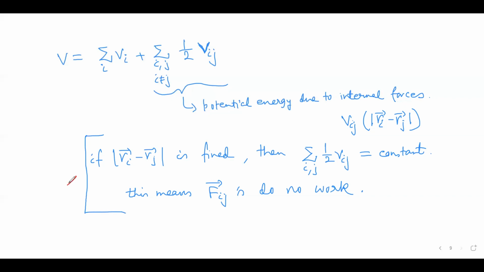These are called rigid bodies. In the case of a rigid body, the distance between each pair of particles, let's say for this particle and this particle, will always remain constant. So the potential energy due to the internal forces is not changing, and the internal forces are not doing any work.